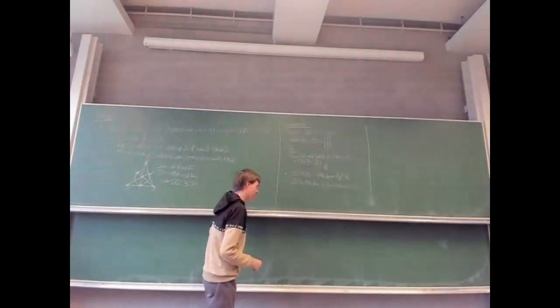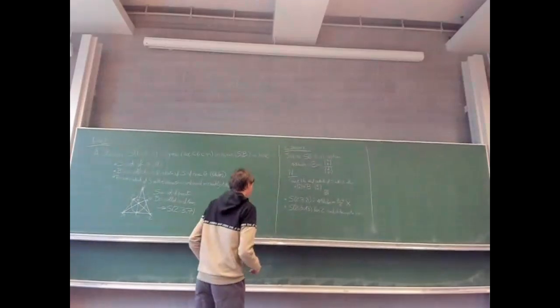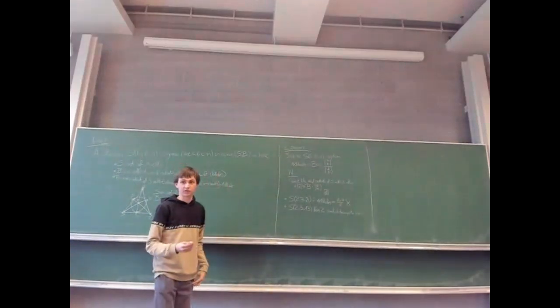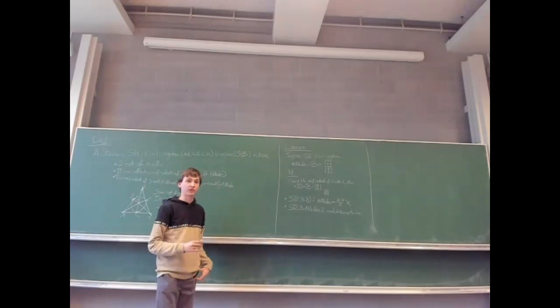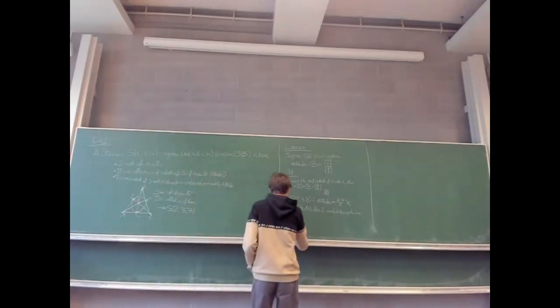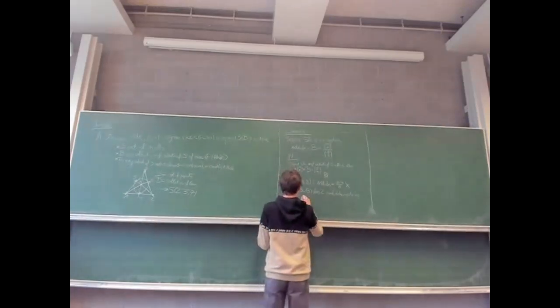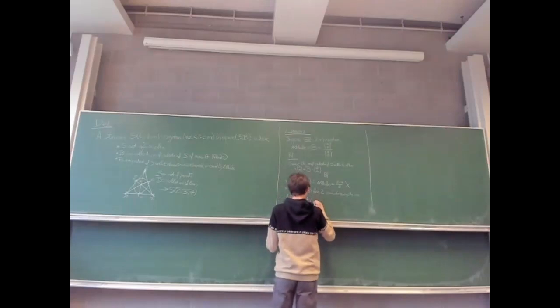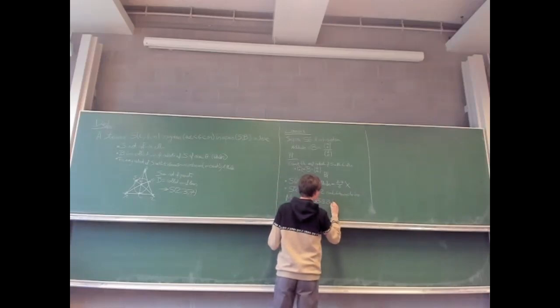Oh, maybe one more thing that I should mention. In the introduction, I was talking about the Mathieu group M24. The way that this Mathieu group is defined is actually as the automorphism group of the Steiner system S(5, 8, 24).